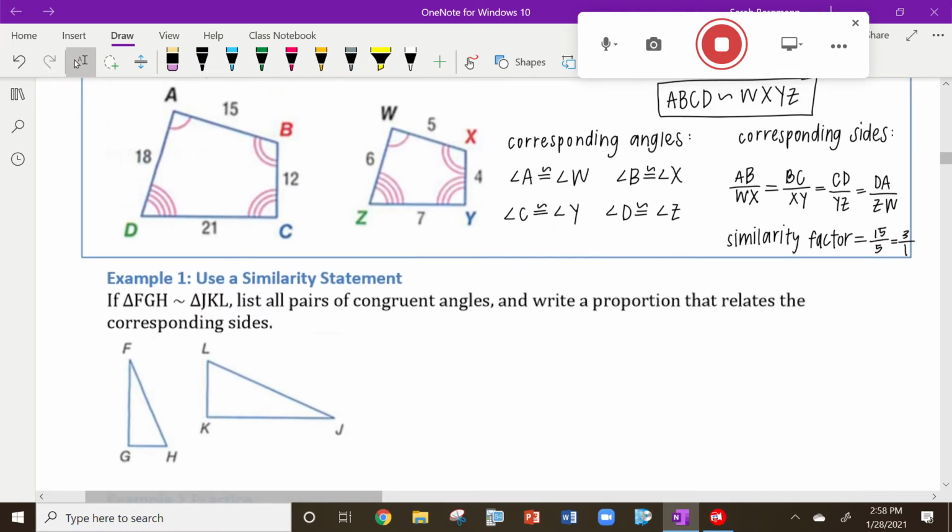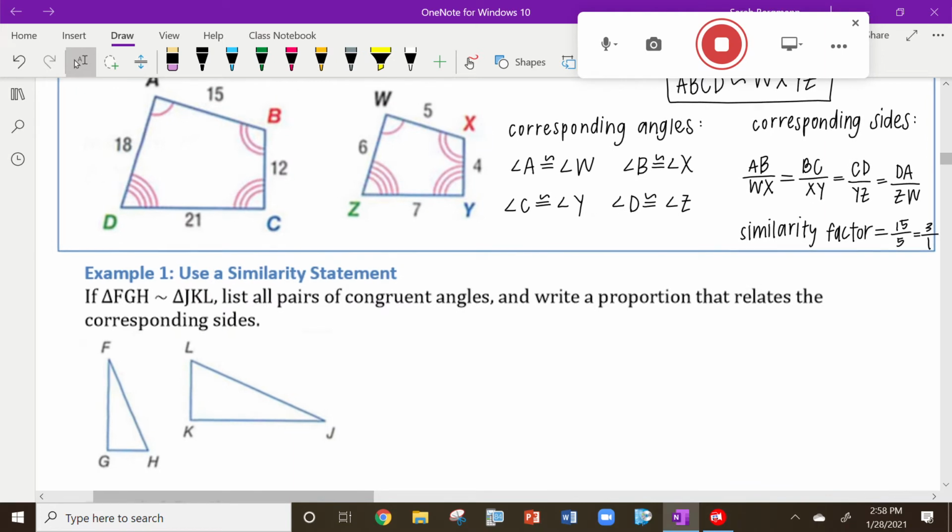Let's use this in a problem. It says, if triangle FGH is similar to triangle JKL, list all pairs of congruent angles and write a proportion that relates the corresponding sides. So this is given in a specific order to tell us what angles are corresponding. I know every pair of corresponding angles must be congruent.